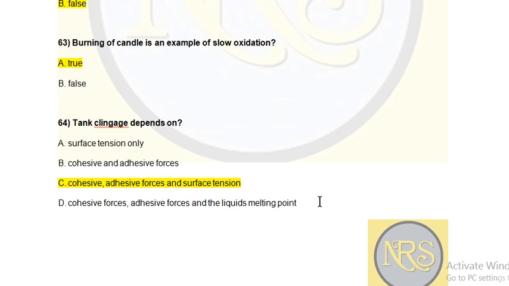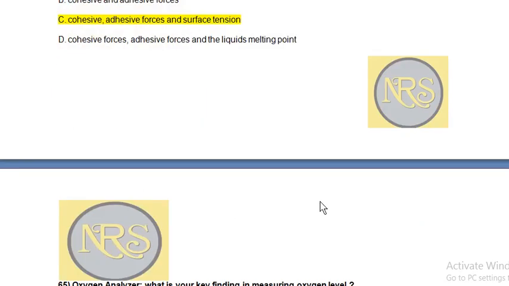Adhesive force is a liquid's tendency to cling to the surface. As I said, cling is nothing but the residue present on the surface of the tanks. Surface tension is the tension force acting on the surface. So tank clingage mainly depends upon all these three factors.